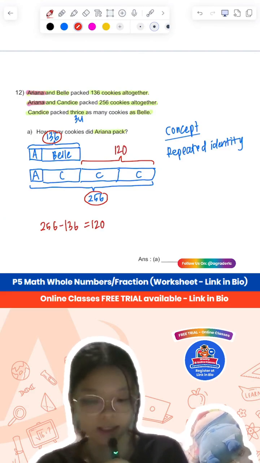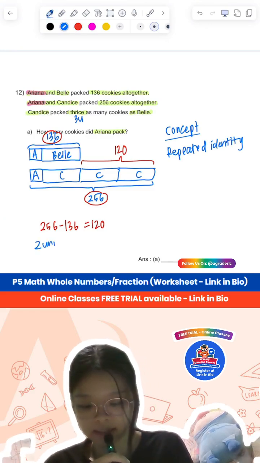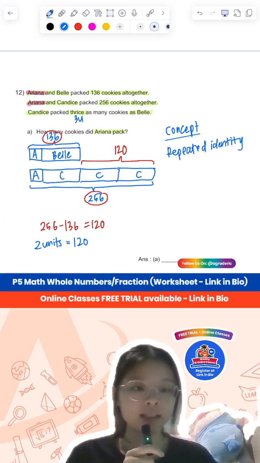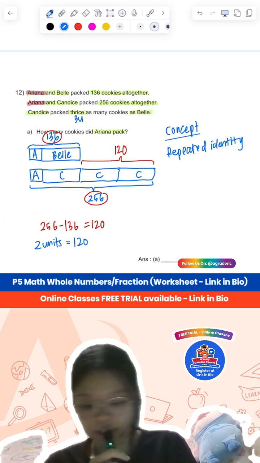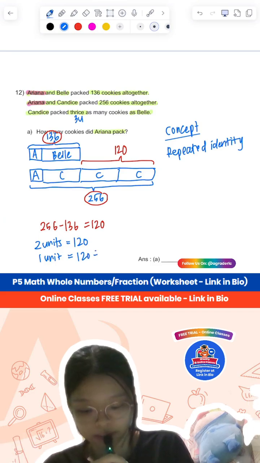So we know here is 120. So we now know 2 units is 120. So now 1 unit is 120 divided by 2, which is 60.